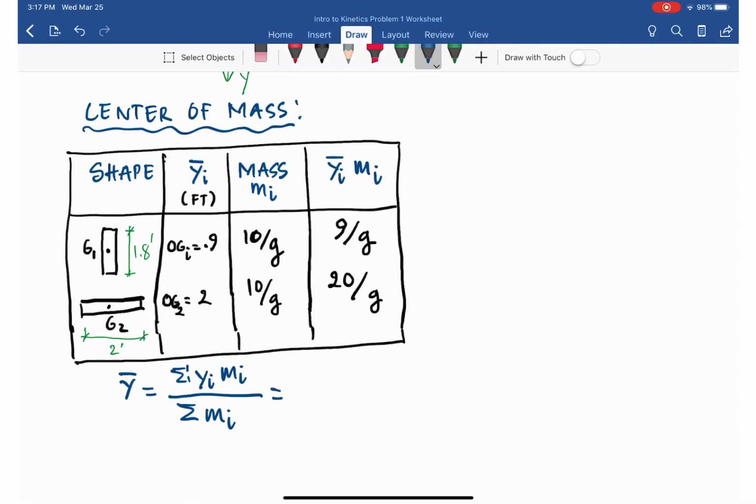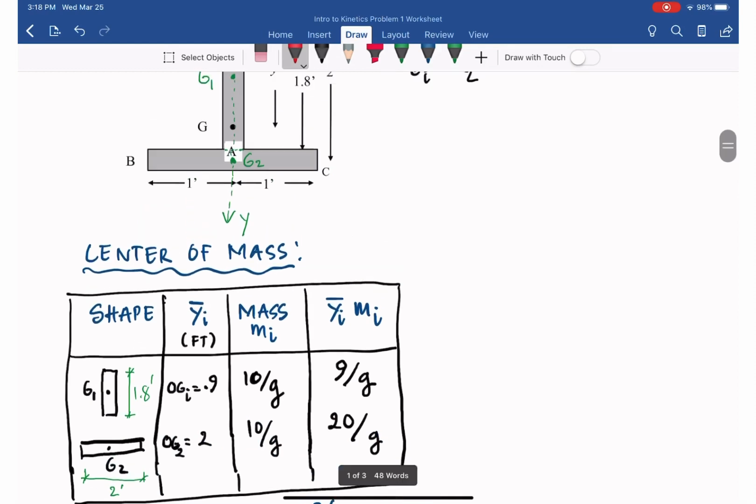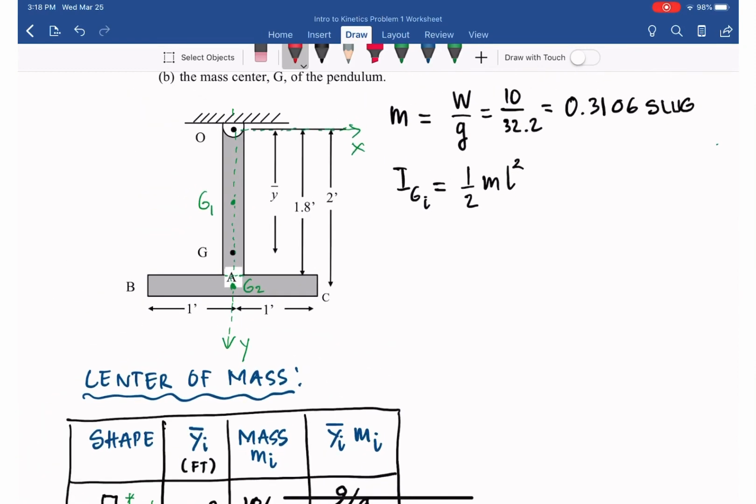So plug in: we have 9 over g plus 20 over g, so you have 29 over g, divided by 10 over g plus 10 over g, so 20 over g. The g cancels out, so it will be 29 divided by 20, which is 1.45 feet. And that is basically the location of the center of mass of the composite shape, y bar equals 1.45 feet.